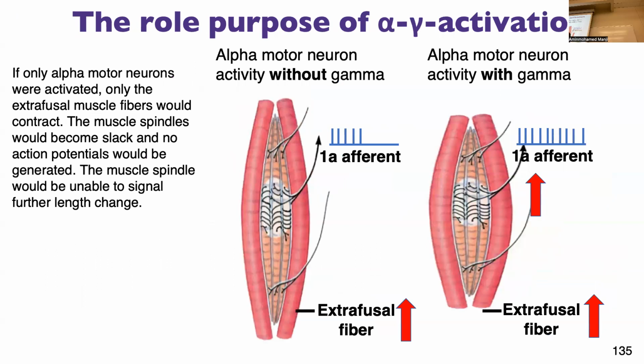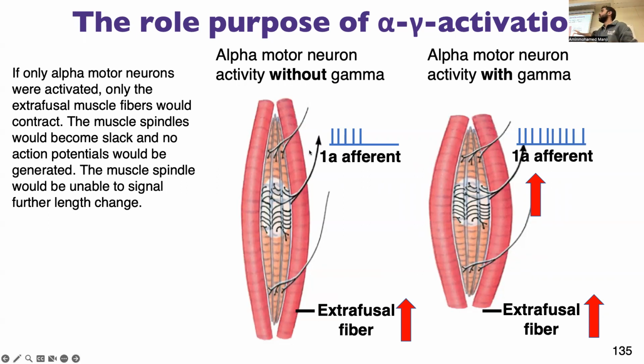Because again, remember, it's detecting length. If the length is decreasing, it's going to reduce its firing rate, right? The muscle spindle is getting less and less activated. Eventually, you get to a point where the 1A afferent fiber is no longer sending information to the brain. Is that a good thing ever for your brain to stop receiving information on your limbs? No. So you do not have this happening.